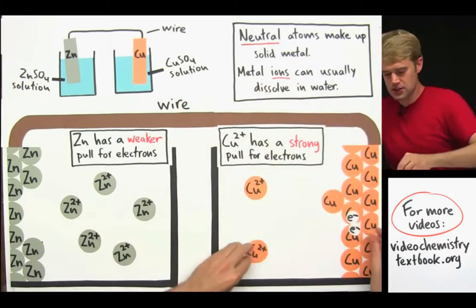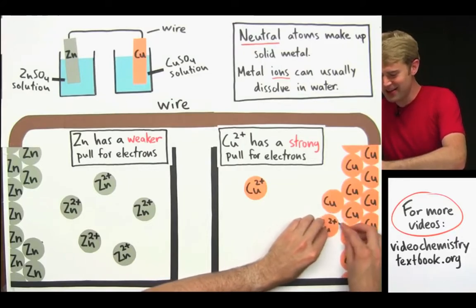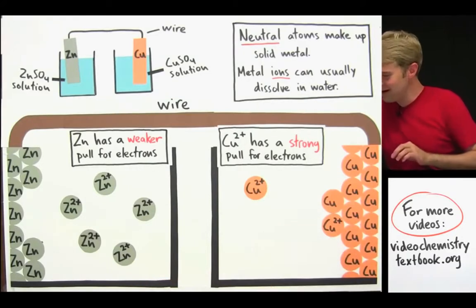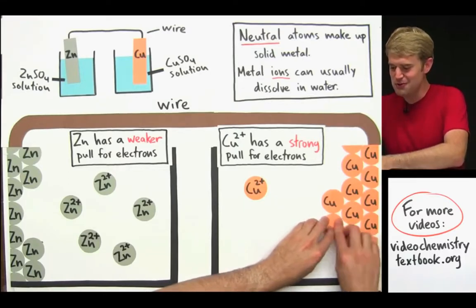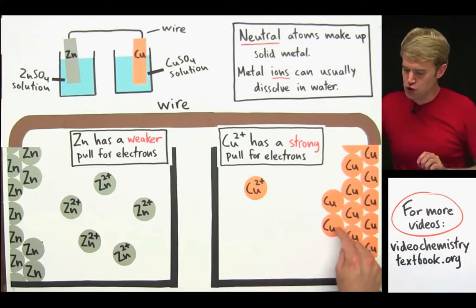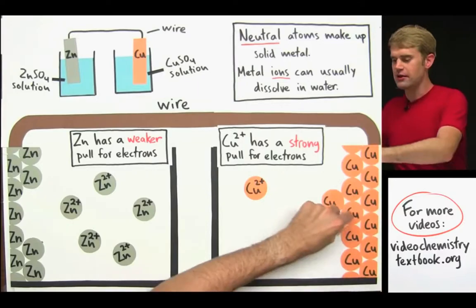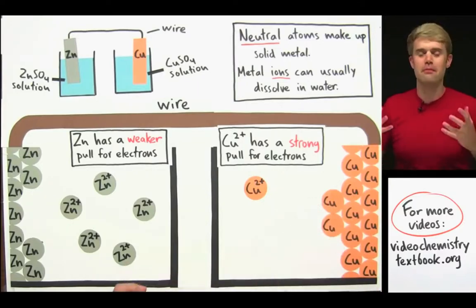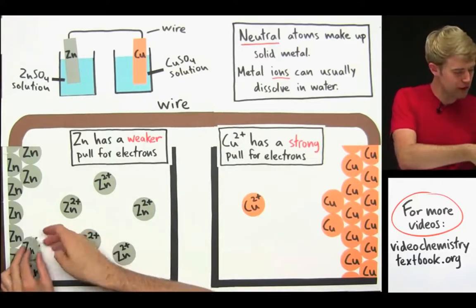And one of these Cu2+ ions that really wants electrons is going to come, it's going to take them in, and that is going to get rid of the 2+ charge, and this neutral copper atom is now going to become part of this solid piece of copper metal. So that is where this electron movement through the wire is coming from.